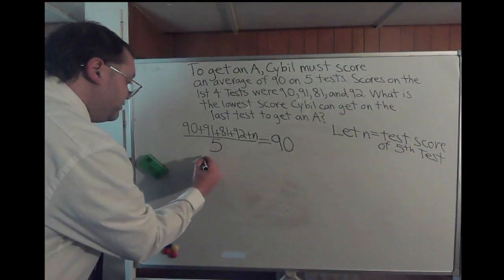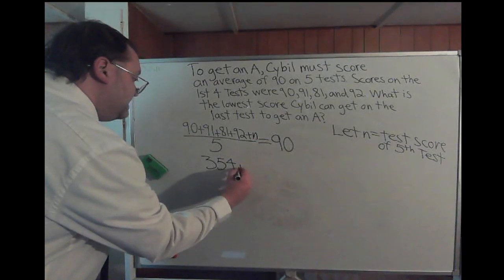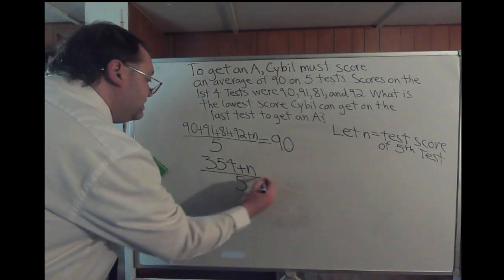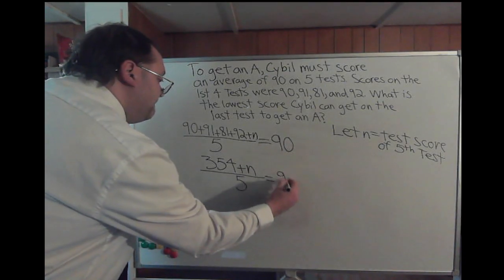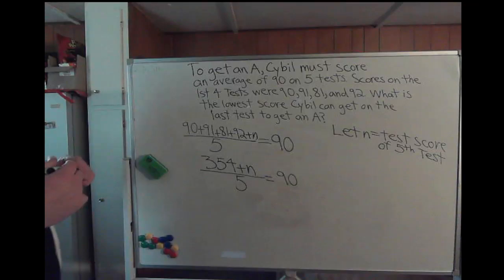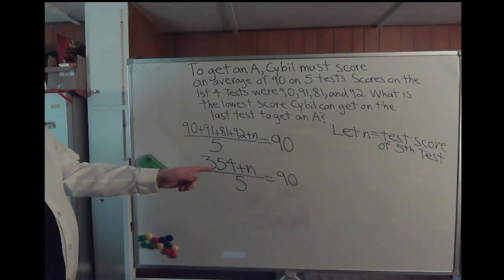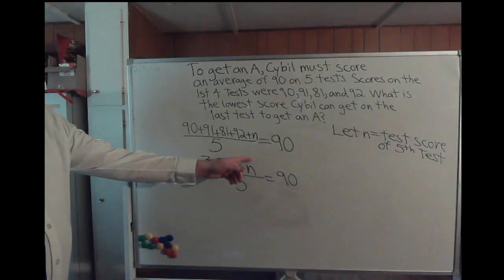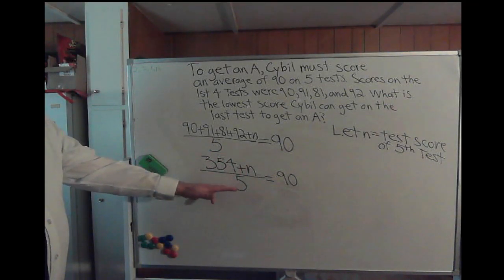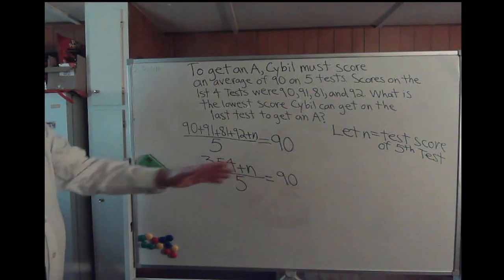So you would get 354 plus N all over 5 is equal to 90. The sum of the first 4 tests is 354 plus that missing 5th test value, all divided by 5 tests to get the average of 90.